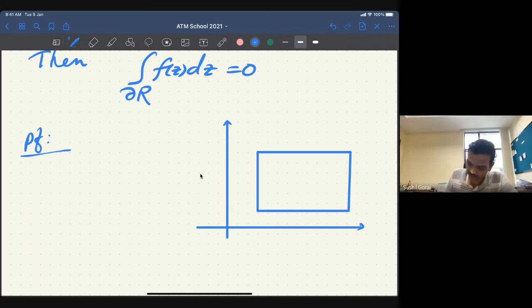Suppose zeta is this point. Look at a small square first around the point zeta.